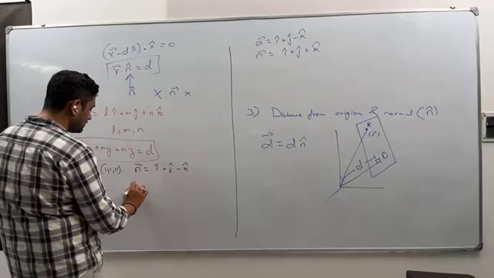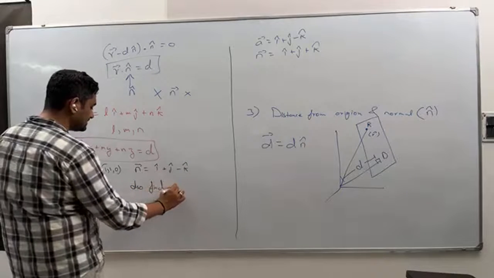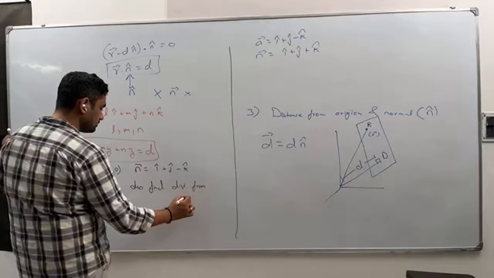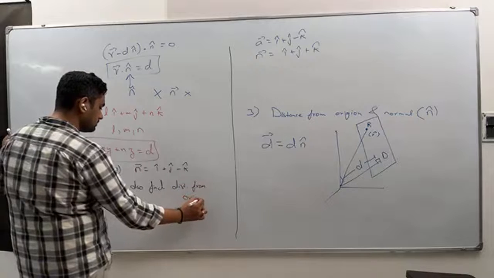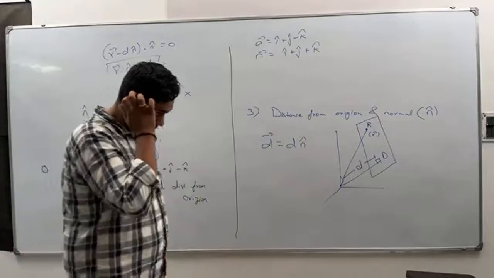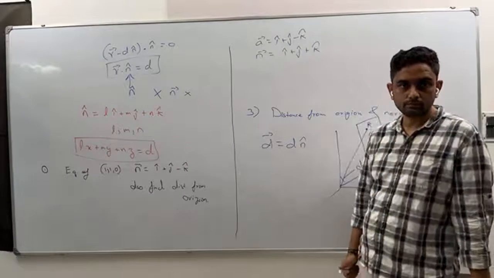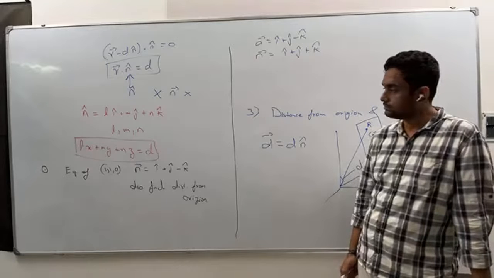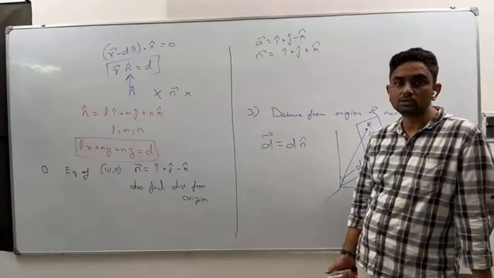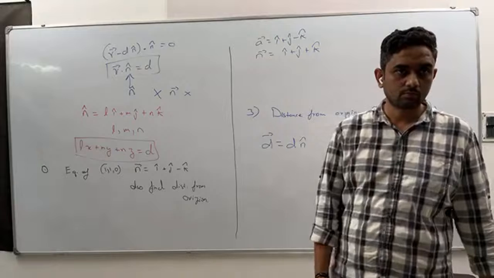You have to also find out its distance from origin. If it is not a unit vector, then you change it. You can change it by making it a unit vector.